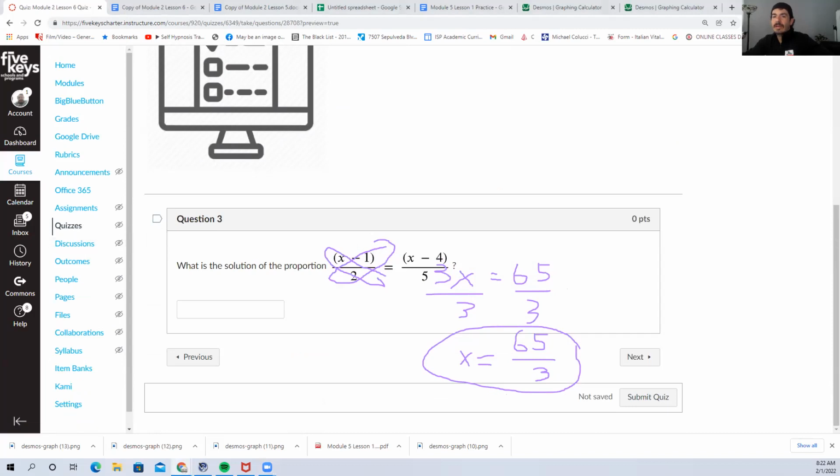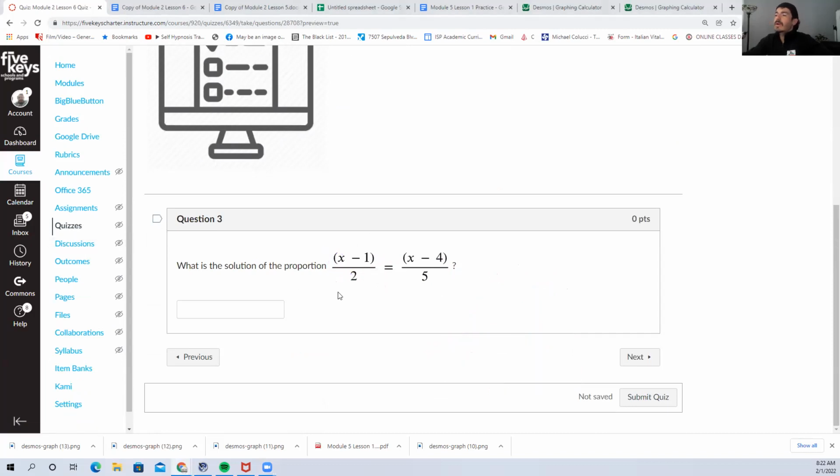Okay, here we go. Now we got something fun. So they were nice to us, and they gave us this problem with the parentheses in it. They didn't have to. Whenever we see a fraction, we assume it's a group.